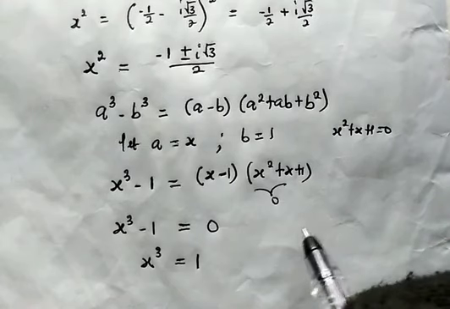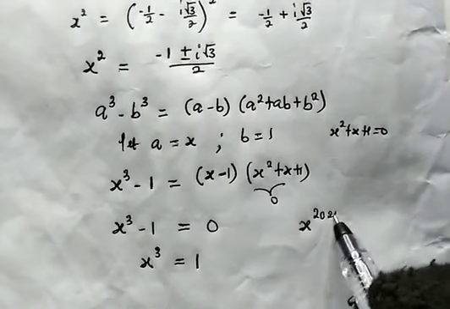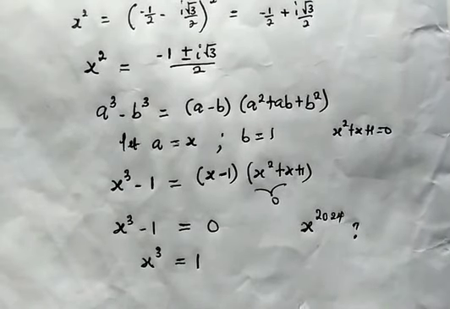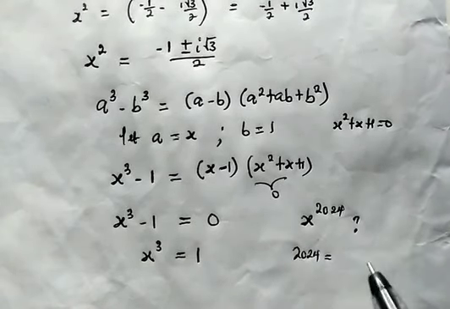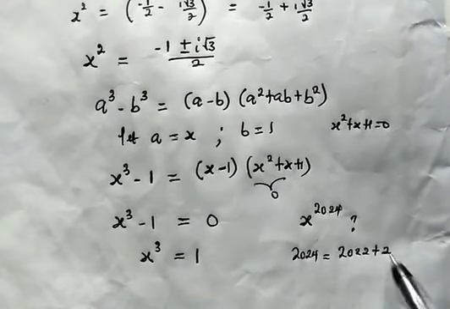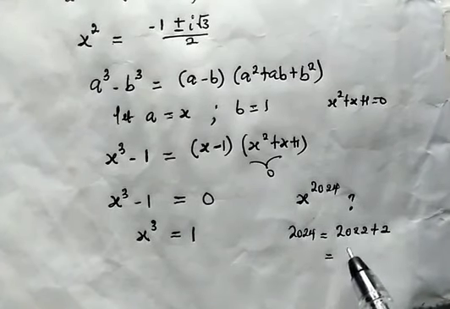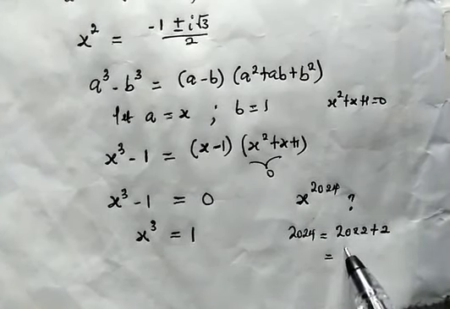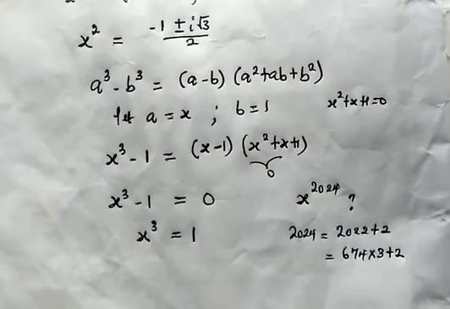Amazing. Now recall, the expression we're going to evaluate is x to the power of 2024. Now, 2024 can be expressed as 2022 plus 2, and 2022 is a multiple of 3, which is the same as 674 times 3, plus 2.